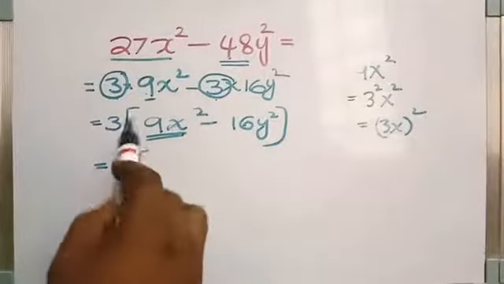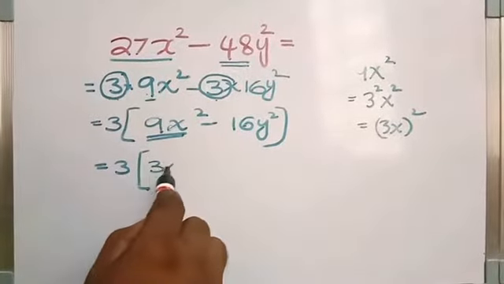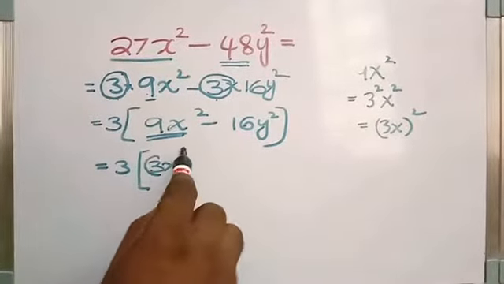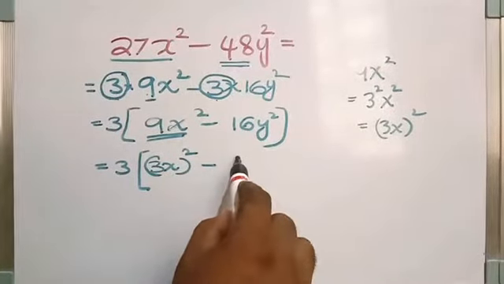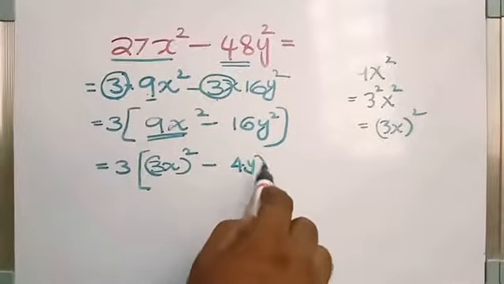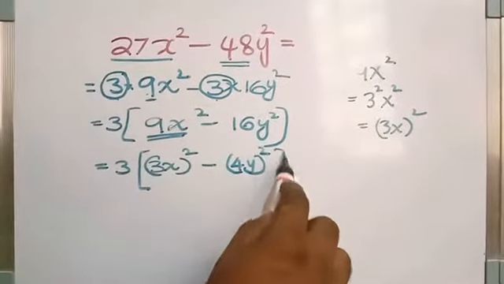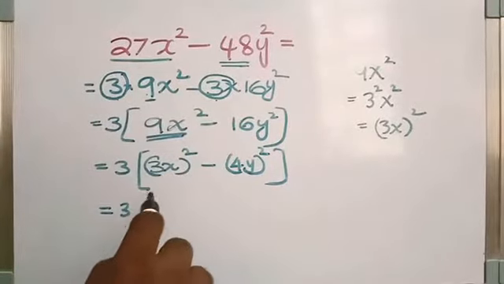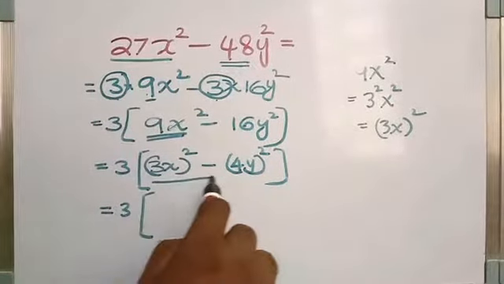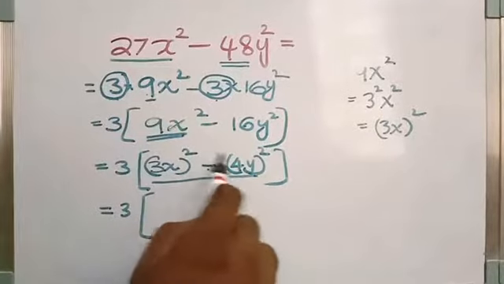So 9x squared is 3x the whole square, minus. How do we write 16y squared? It is 4y the whole squared, which is equal to 3 of, now you look at this, it's like the difference of two squares.